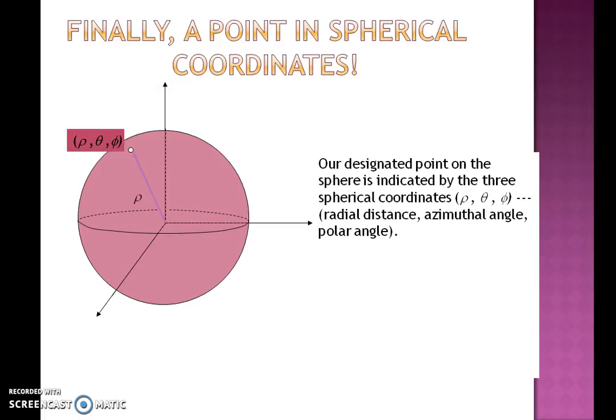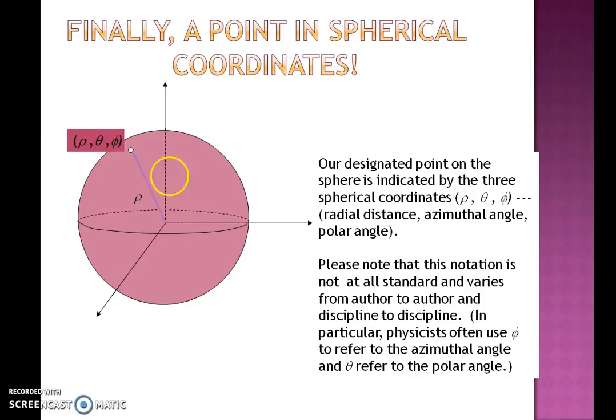So now you know this contains the two angles and the radius, and therefore the spherical coordinate system has three coordinates: rho, theta and phi. That means it has the radial distance, the azimuth angle and the polar angle.